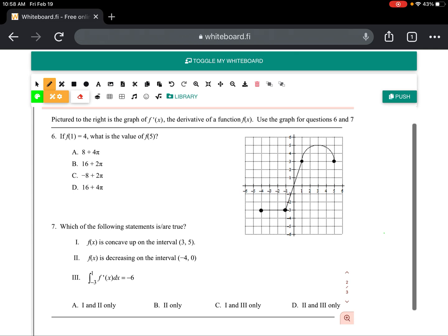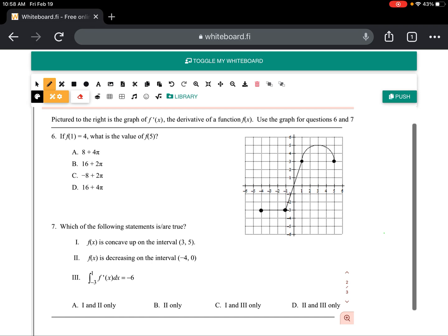Now, there will not be a question like number 8 on the test specifically, right? I'm not going to say write as many things as you can think of that talk about velocity and position and all of that. That would be a little bit insane and not specific enough for asking you what you're supposed to do. All right, so number 6.